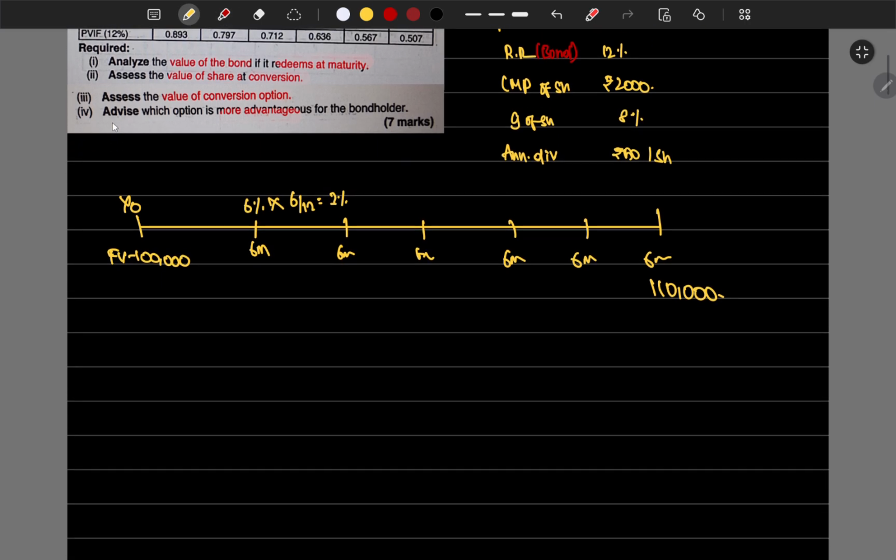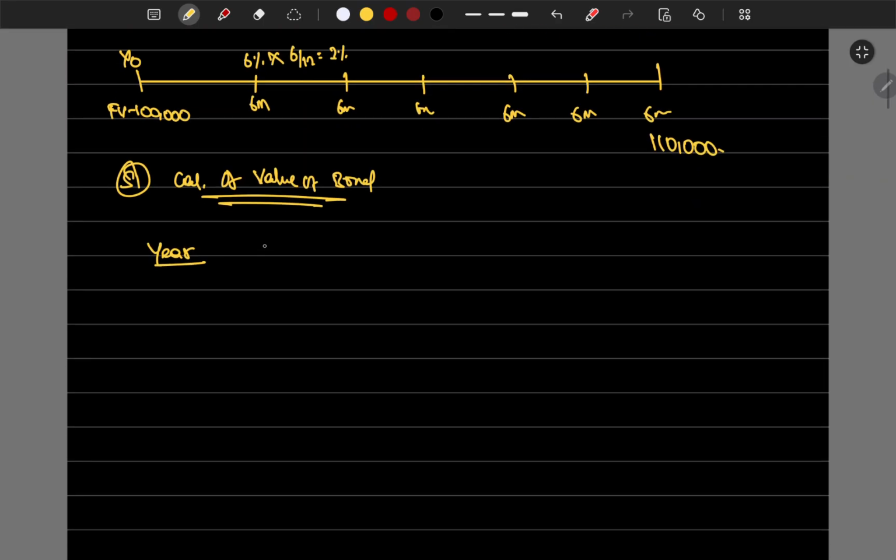Step 1 is the calculation of the value of the bond. Year, cash flows, PV factor, PV of cash flow.